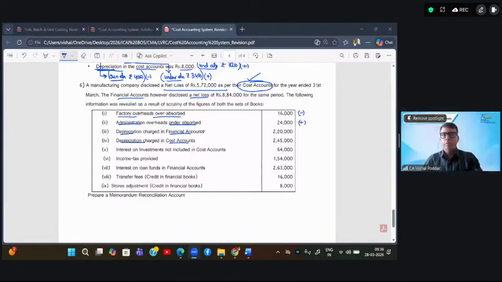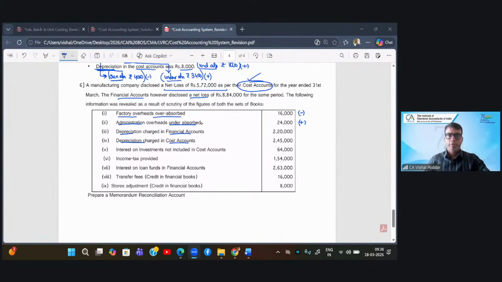Yes, thank you. So students, I was on this point of depreciation. Now, what is given for depreciation? The amount in financial books is 220, whereas in costing books is 245. So first, let us understand it is over absorption. By how much amount? By 25,000.